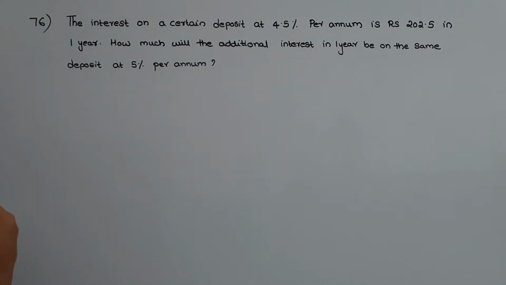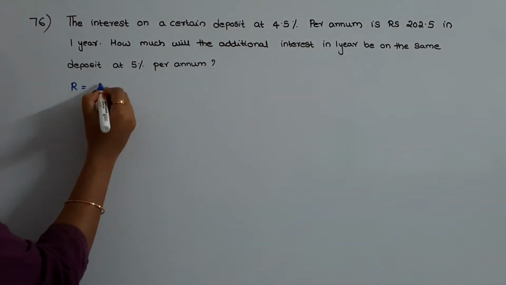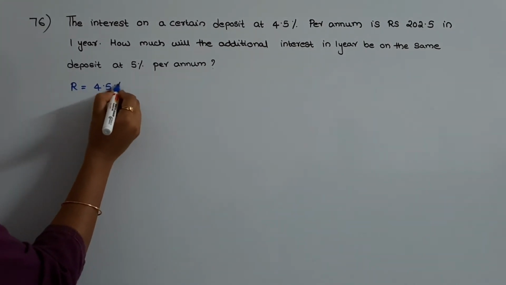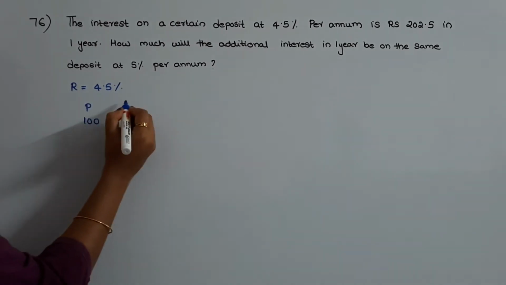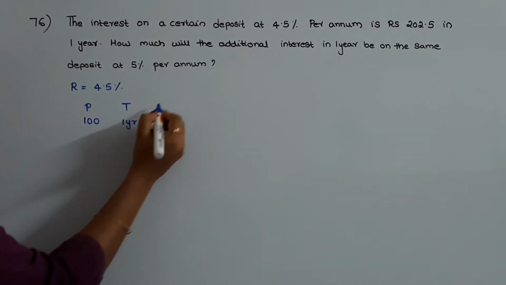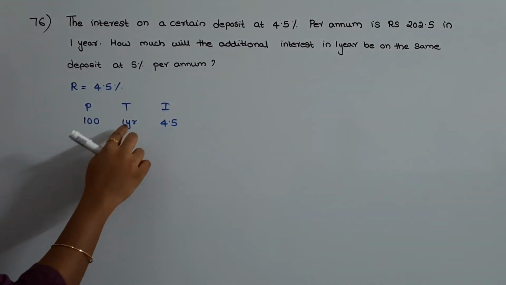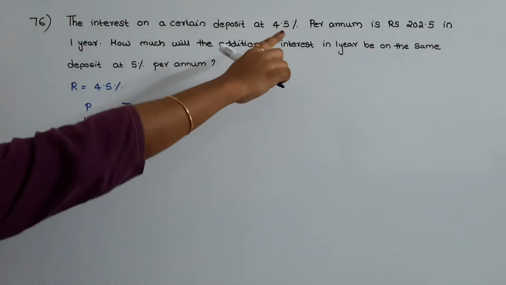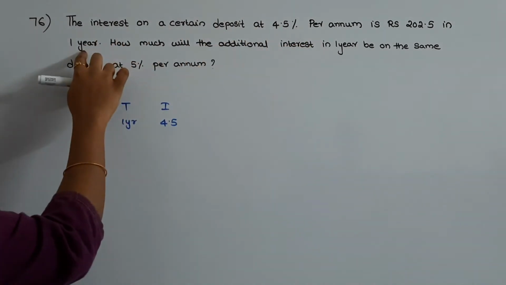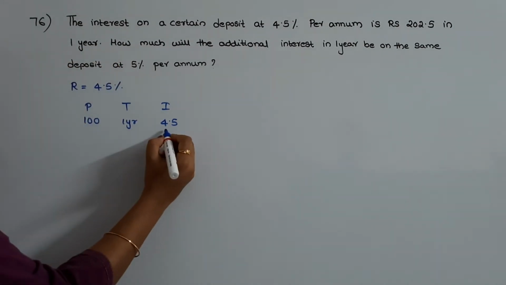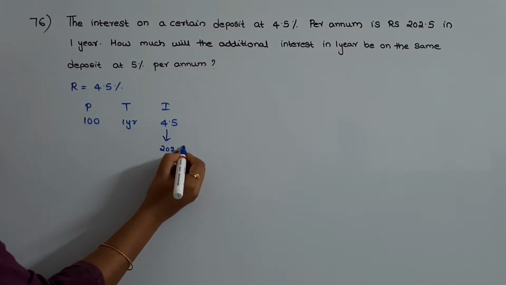So in the first sentence, it is given that rate of interest is equal to 4.5%. So from this we can write when principal is 100, time period is 1 year, interest is equal to 4.5. But in the question it is given that the interest is 202.5 for the time period 1 year. So we can write this interest as 202.5.